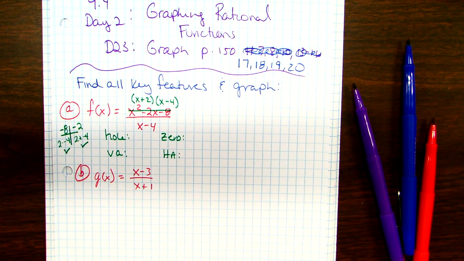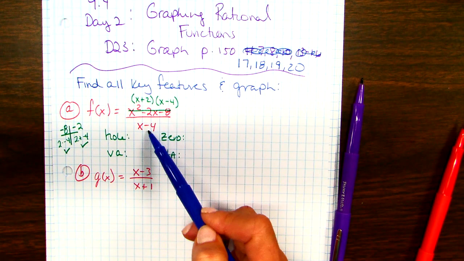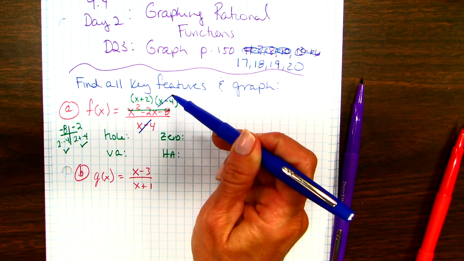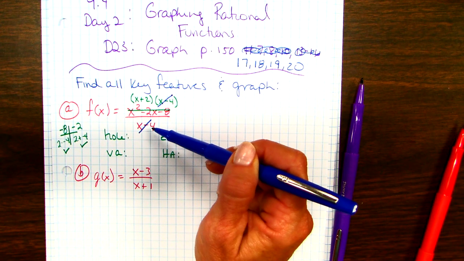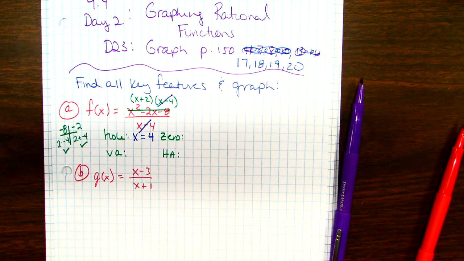Okay, so remember, we factored. Great. Next step is to see, are there any like or identical factors in the numerator and the denominator? Yeah, right? x minus 4 is on top and x minus 4 is in the bottom. So we're going to cancel those. The 0 of that factor, meaning when I set that equal to 0 and solve it, is 4. I'm going to have a hole at positive 4.